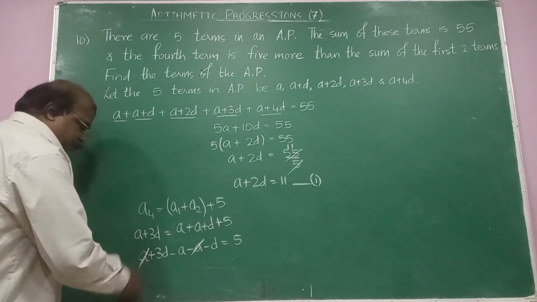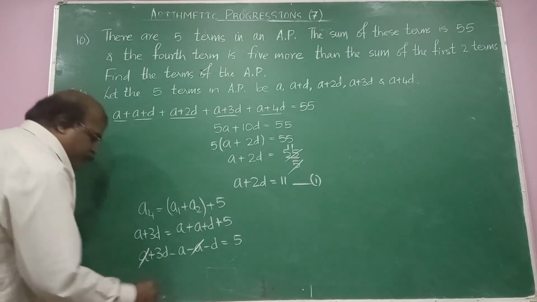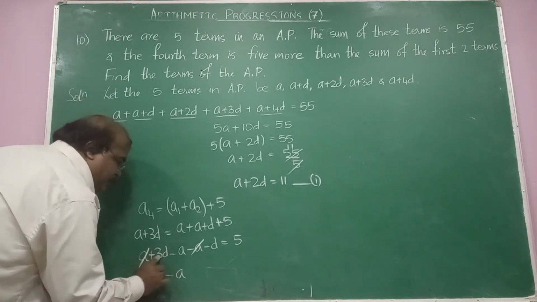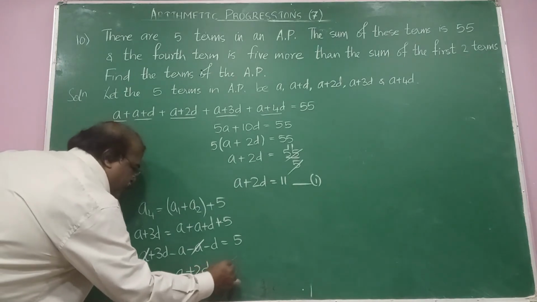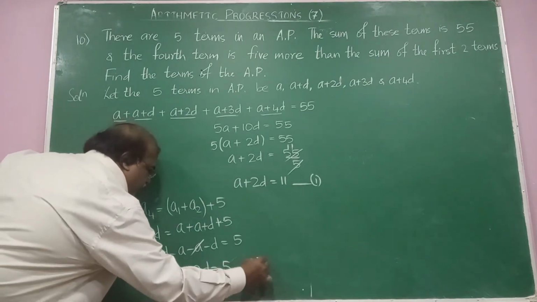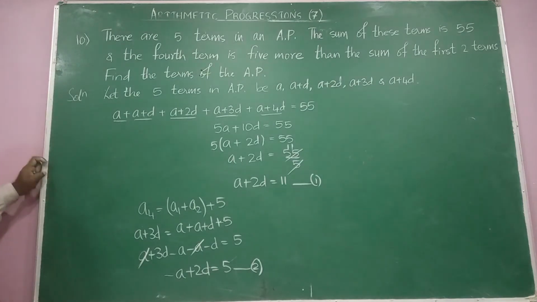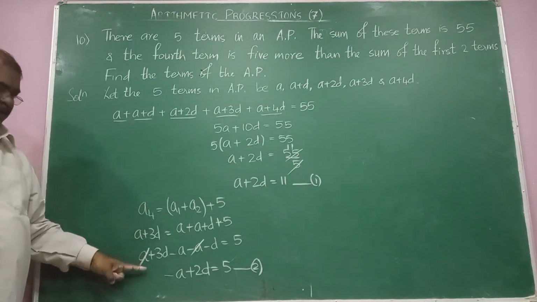Minus A and plus A cancels. So what will I get? 3D minus D is plus 2D, is equal to 5. That is equation 1. This is equation 2.